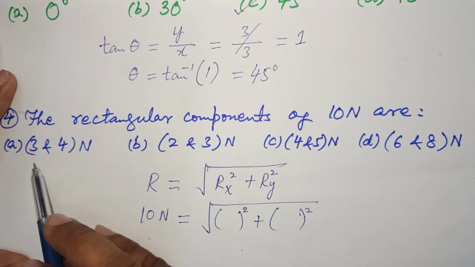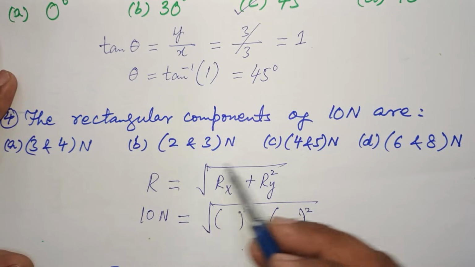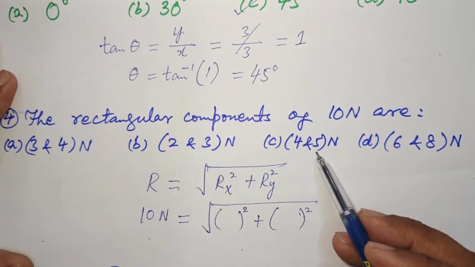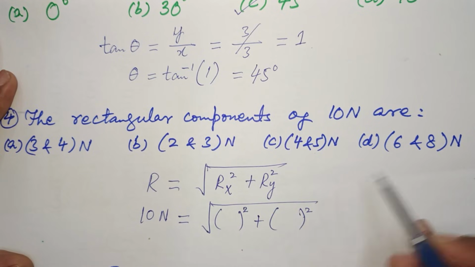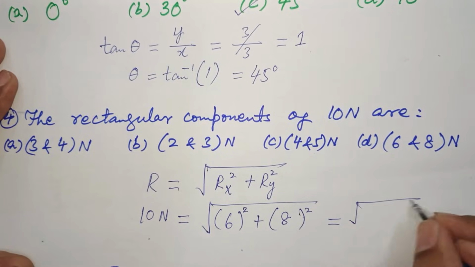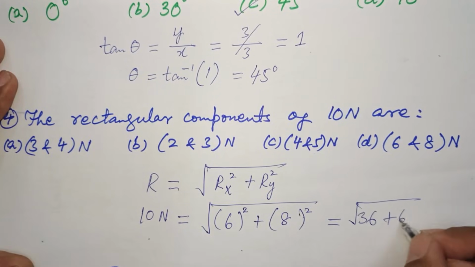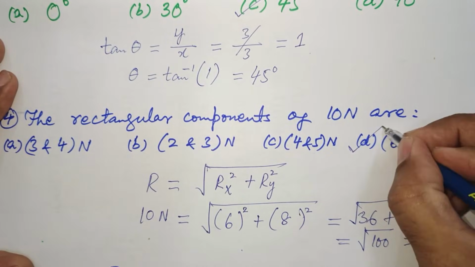So if 3 and 4 is not working, 2 and 3 cannot, because it is smaller than this. Come to the next one. 4 4s are 16, 5 5s are 25. Again, sorry. Now come to this one. 6 square and 8 square. This will be 36 and this is 64. So it becomes 100 and the result will be 10. So D is the correct option.